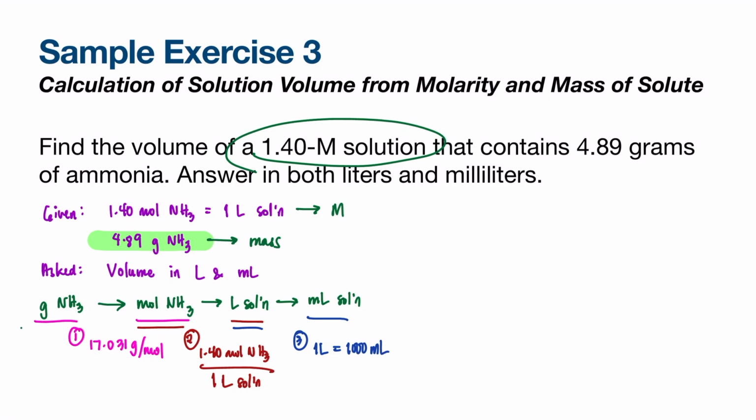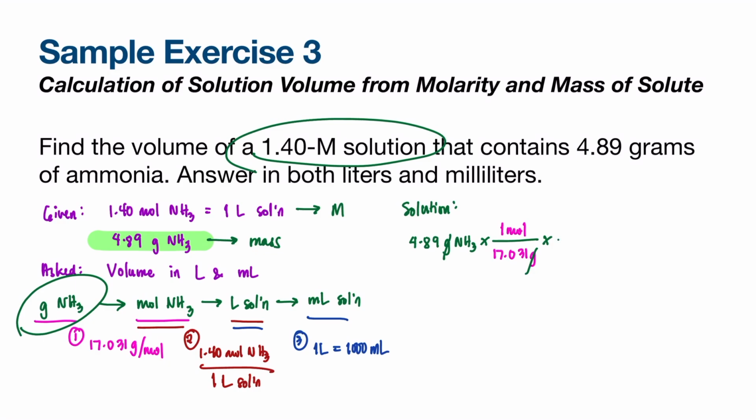Now that we have the setup for everything, we can solve the problem already. Again, starting with the grams of ammonia, which is 4.89 grams of NH3, multiplied by the first conversion factor to convert it into moles of ammonia, wherein we put 17.031 grams in the denominator and 1 mole in the numerator. As you can see, we can cancel the grams already.